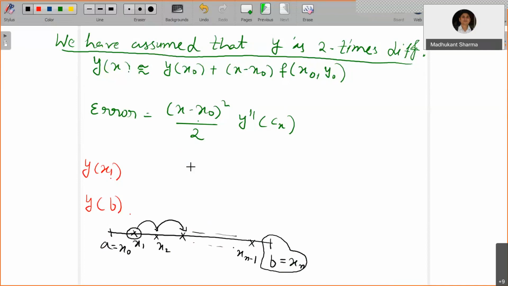So definitely you require a higher order of convergence, meaning h should not be very small. Similarly, suppose I use this for getting x1.